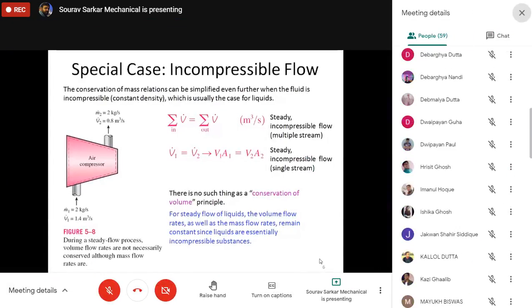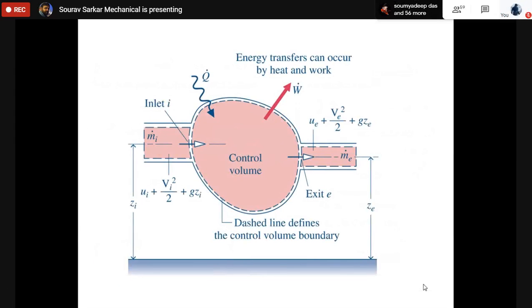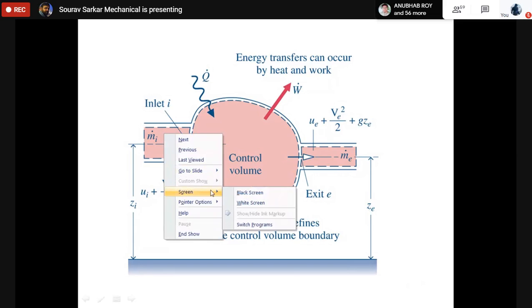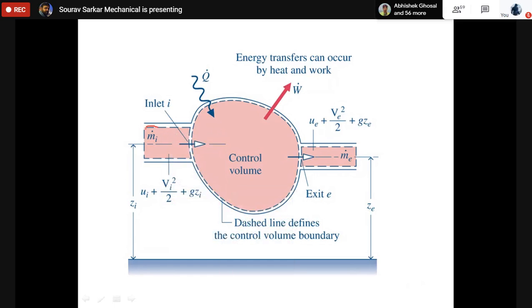So, I discussed the conservation of mass principle. Now, I will try to think about the energy principle. Let's try to think what is happening in the form of energy. You see that m dot i is entering the system, and it is m dot e which is leaving the system.